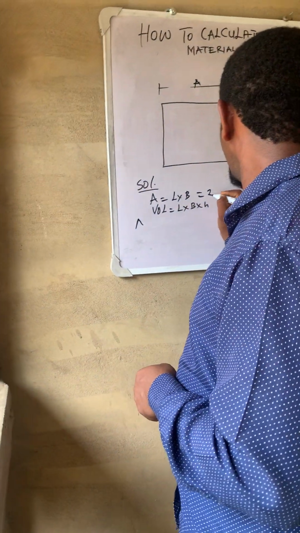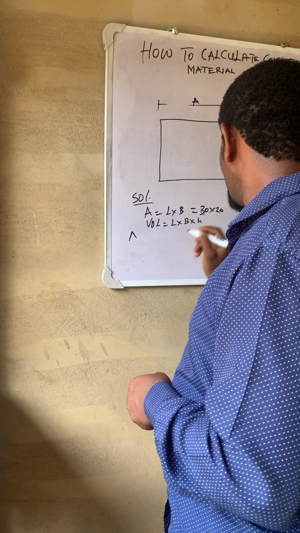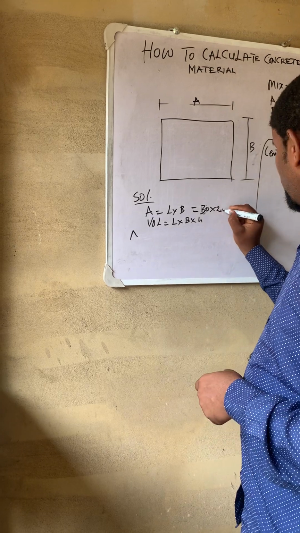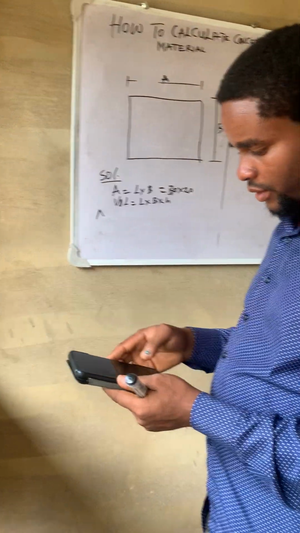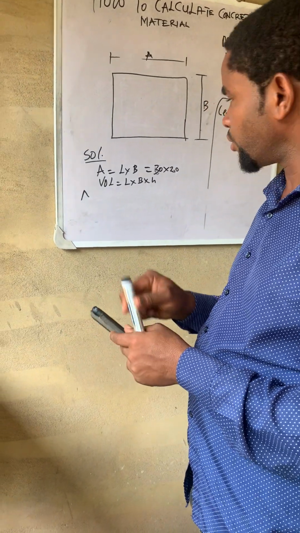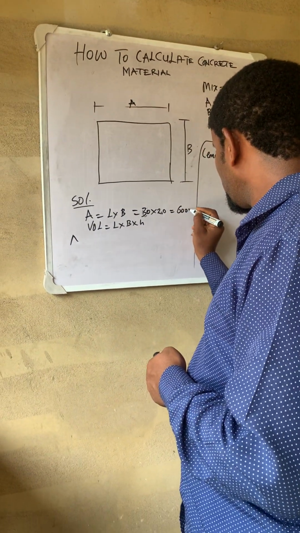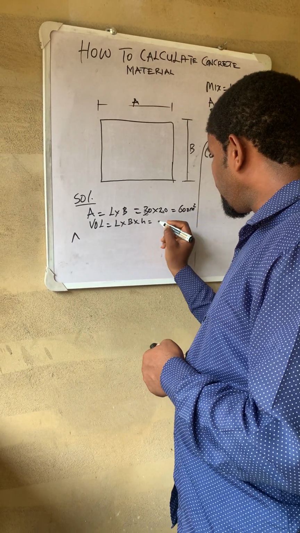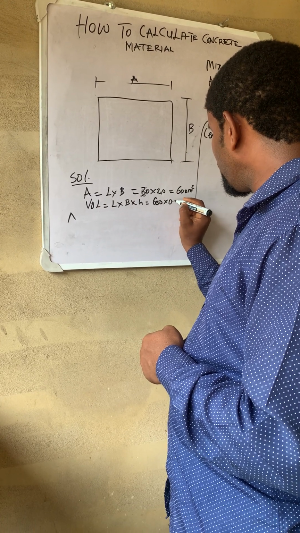So substituting, 30 times 20 will give us 600. So we have 600 square meters, and then our volume is 600 square meters multiplied by 0.2.